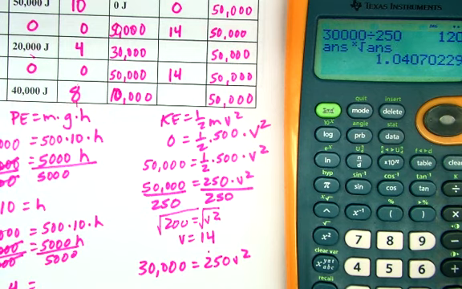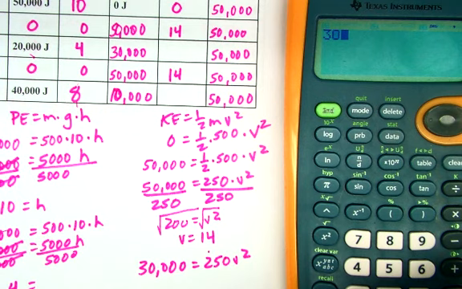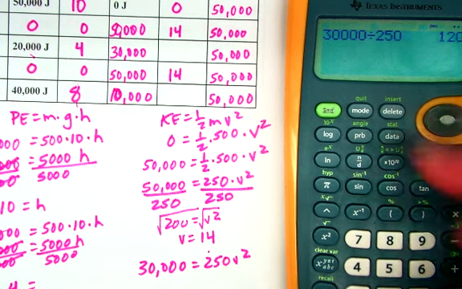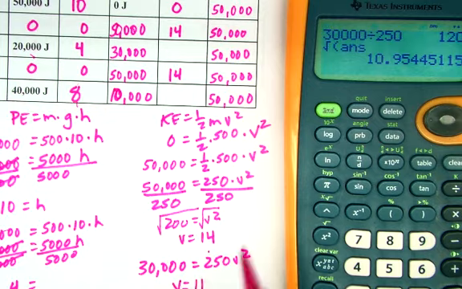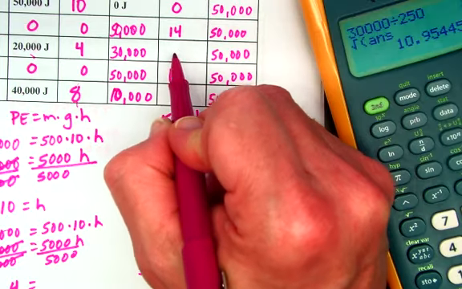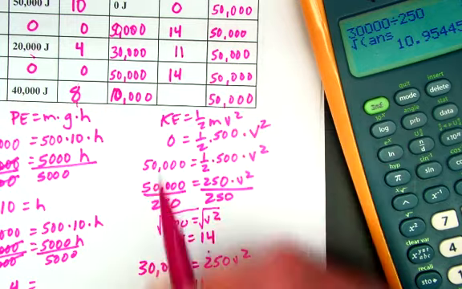Whoops, I think I did that wrong. Yeah, I did. I clicked on the wrong thing. So let me try that again. 30,000 divided by 250 is 120, second function square root, there it is. And then put in your answer. I got 10.95, which rounds off to be 11. So the speed at 4 would be 11 meters per second.